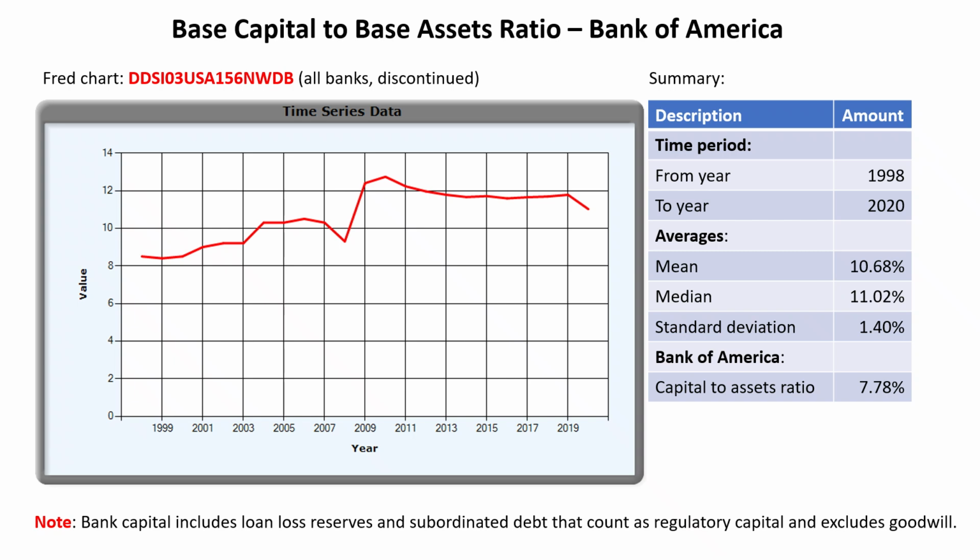And you might ask the question, why, if the Federal Reserve wants banks to be better capitalized and the average, or at least towards the end of 2020, the average capital ratio was around 11 or 12%, how can Bank of America operate on 7.78%?